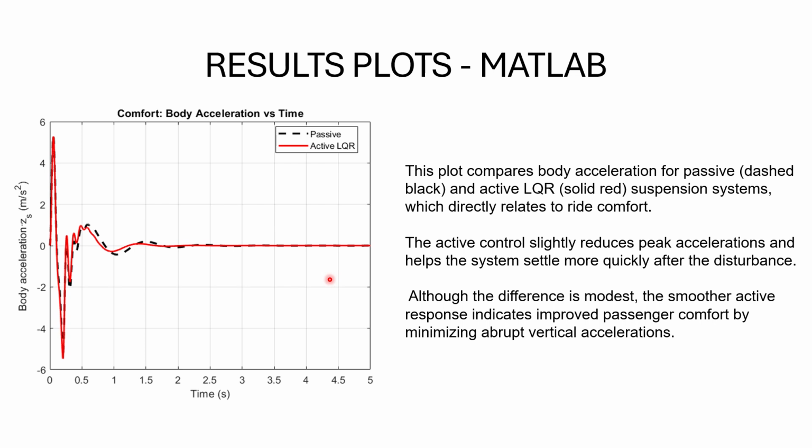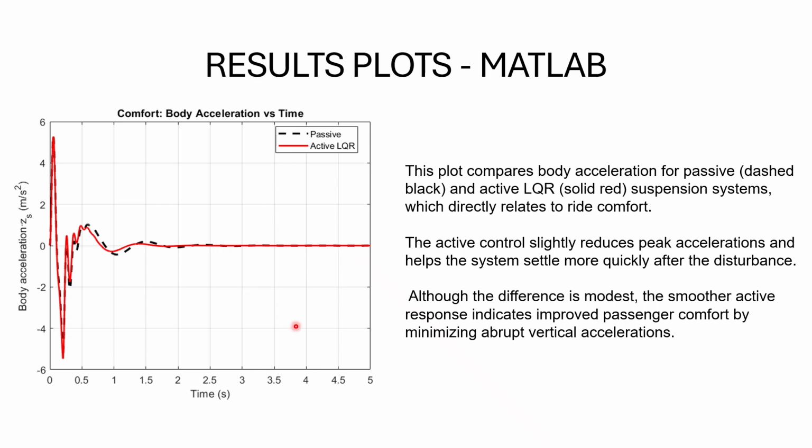So this is another plot that compares acceleration between passive and active suspension. Here you can see that the passive suspension is shown in the dashed black line, and the active LQR suspension is in the solid red line.